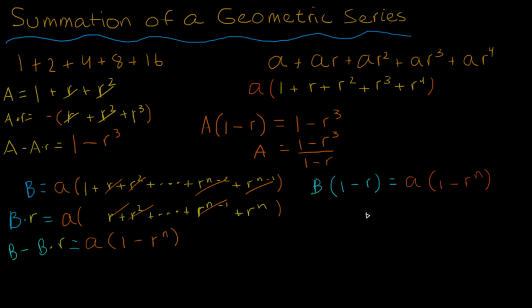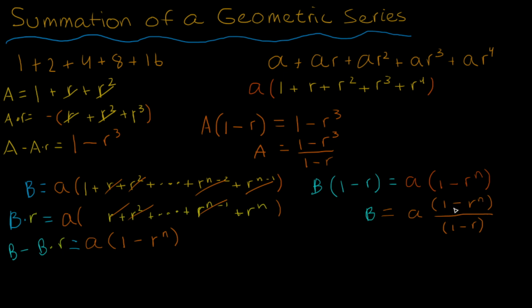We finally have b, if we divide by 1 minus r on both sides, assuming that the common ratio is not 1, we have b is equal to a times 1 minus r to the power of n over 1 minus r. This is a really nice formula, because it's very cool how just shifting the perspective and multiplying by r to cancel out all these middle terms leads to this amazing realization, 1 minus r to the power of n.